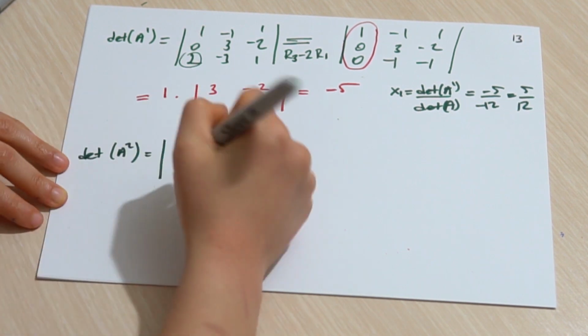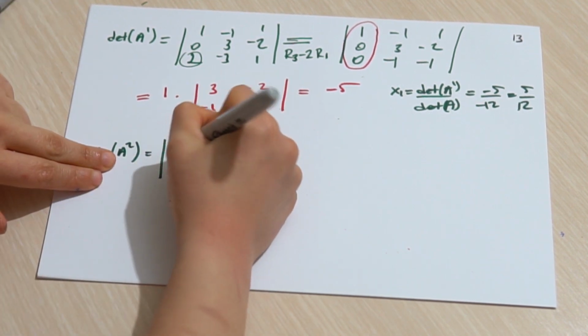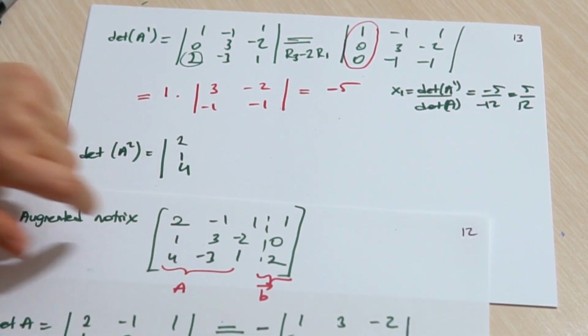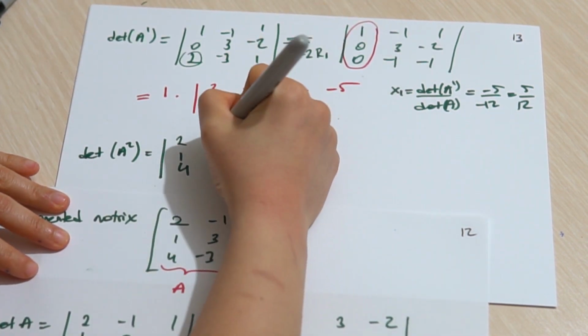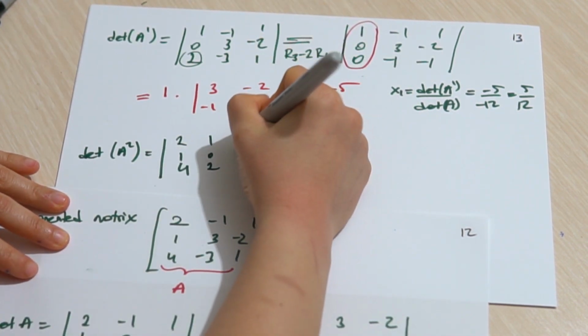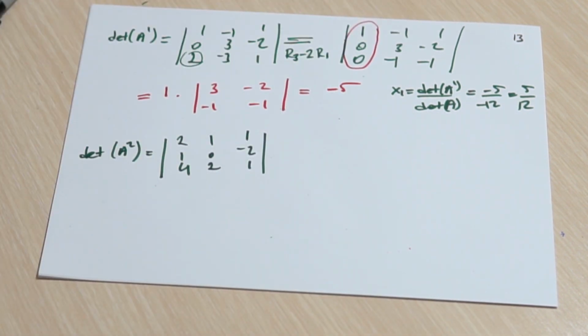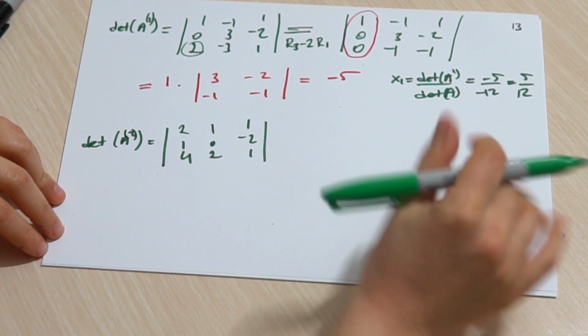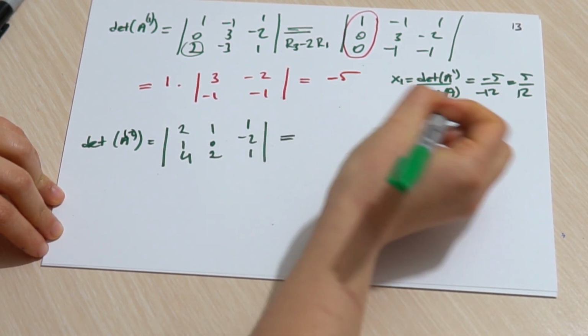Let's look at the determinant A2. Column 1 will be the same. Now we change column 2 by B, so we will have 1, 0, 2, 1, minus 2, 1. And this determinant is equal to 5.